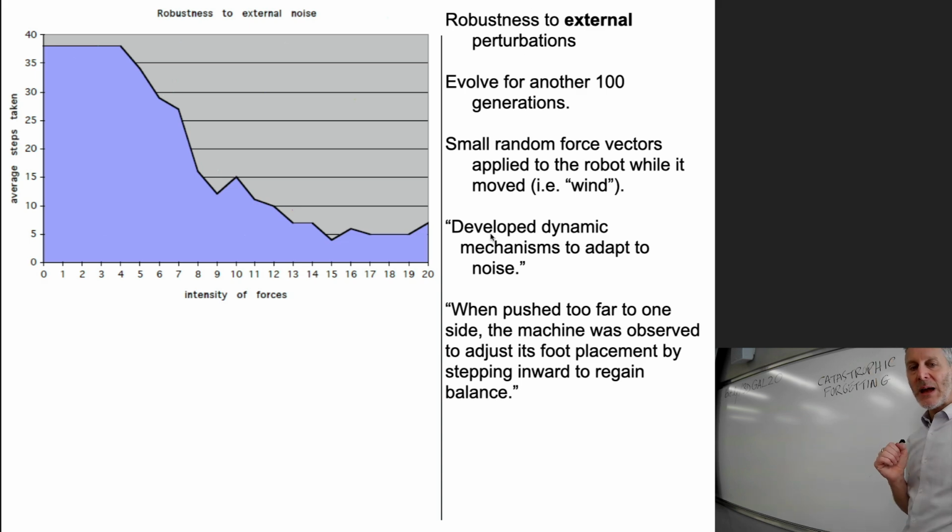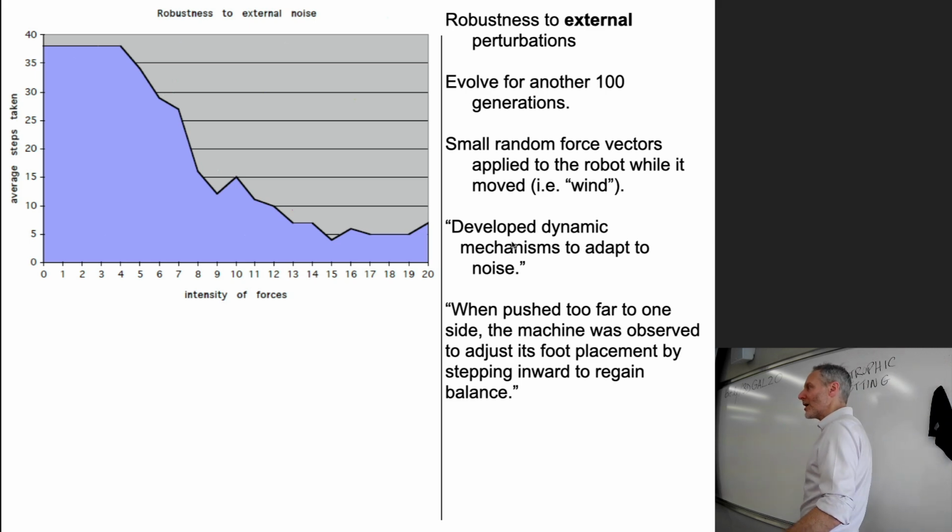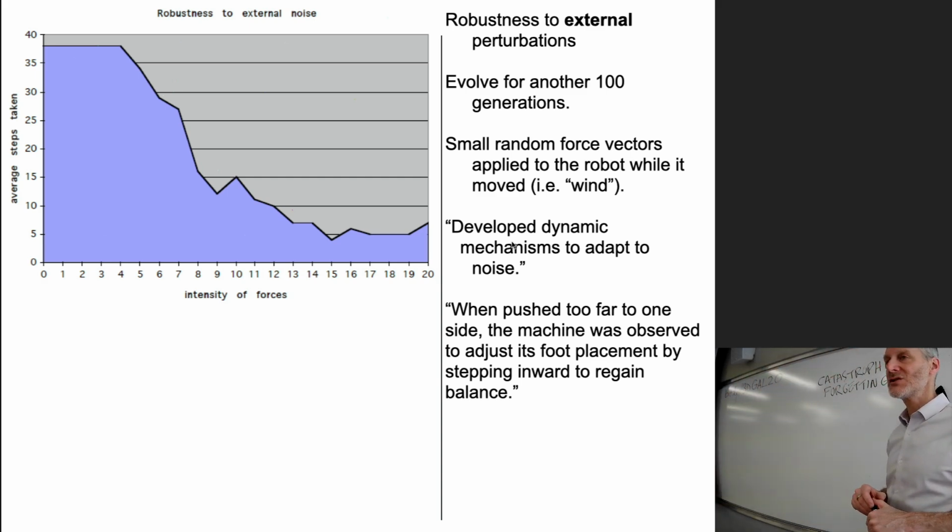They mentioned in the paper that the robots developed dynamic mechanisms to adapt to noise. What does a dynamic mechanism mean? It means that there was a change to the way in which the robot moved as it was being hit by external forces. Remember the Big Dog video?